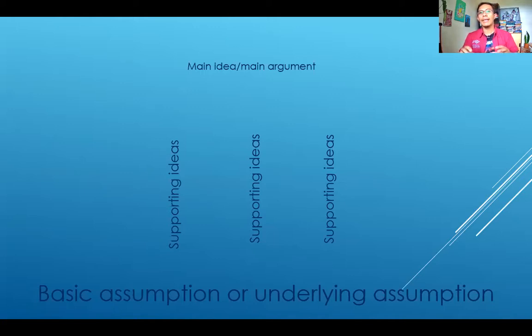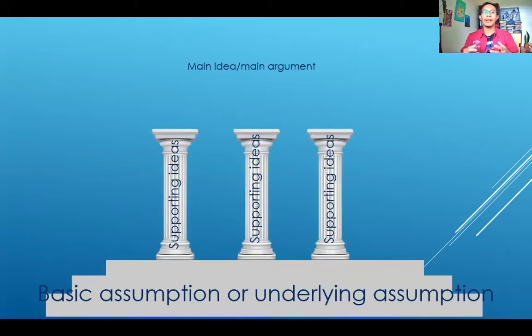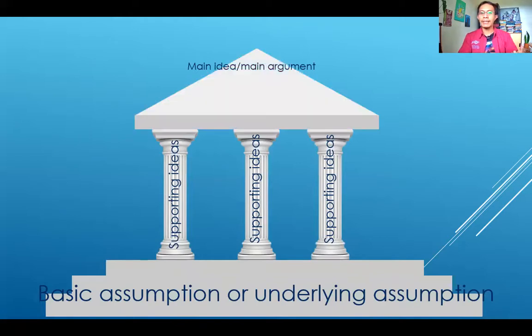If I can make an analogy, it will be like a building. The basic assumption is the stairs or the foundation, yeah? And the supporting ideas are the pillars or the columns. And the main idea is the roof. You can see the main idea only by reading at a glance. Maybe it's like seeing it from the distance.